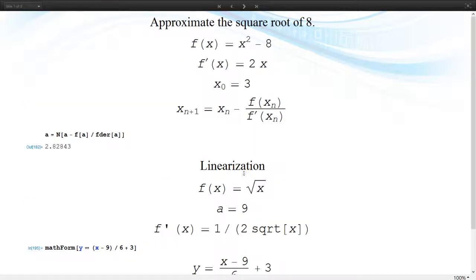And that actually tends to happen a lot. I'm not sure if Newton's method and linearization always give the same answer, because I haven't thought about it much until right now. But I feel it's safe to say that for square roots, the linear approximation will be the first order Newton approximation.